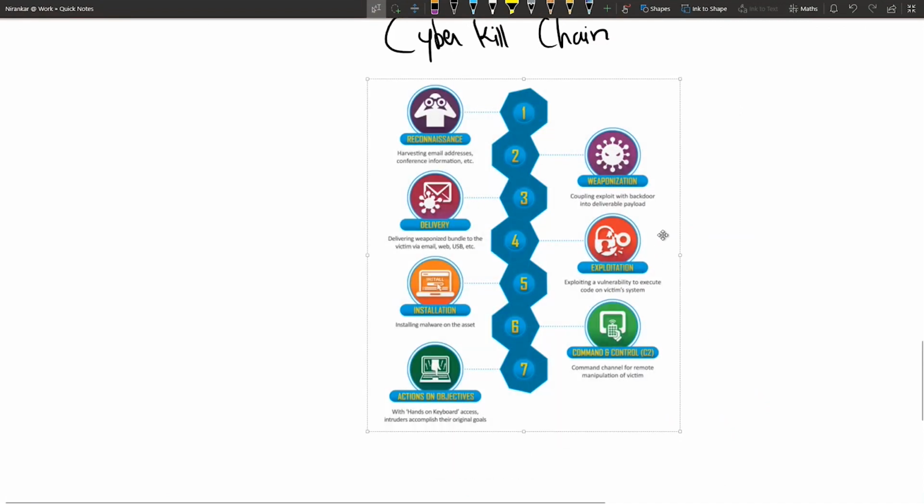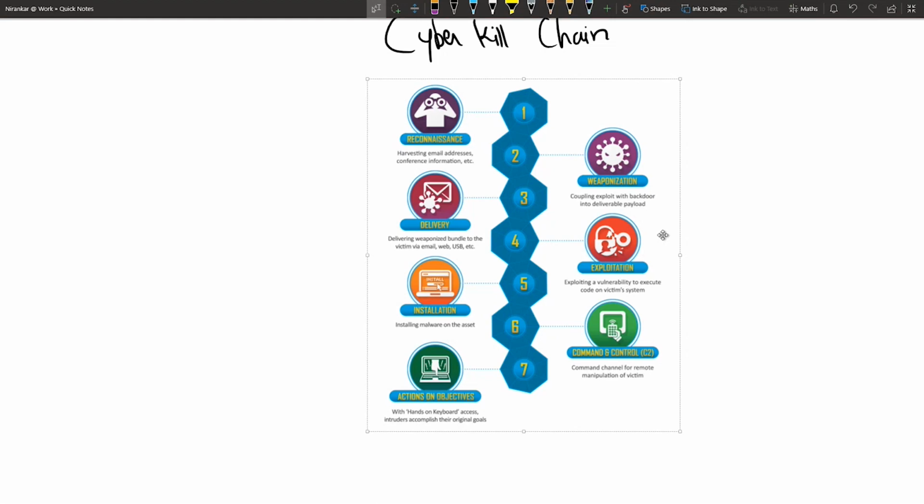Start with reconnaissance. Reconnaissance is similar to footprinting. Both are the same, but reconnaissance gathers data on the target to probe for weak points. Here we harvest the email addresses, conference information, etc. Second, we have weaponization.